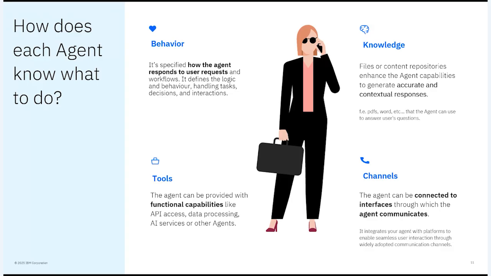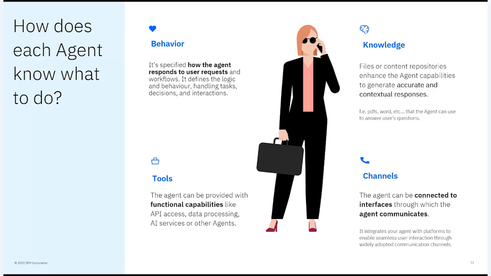So let's discuss how each agent processes their respective tasks. So when we build an agent in IBM watsonx Orchestrate, we configure the agent leveraging the following. Behavior, where we define how your agent should react to user requests and workflows, defining logic in the behavior of the agent. Knowledge. This includes files or content repositories used to generate contextual response used in retrieval augmented generation use cases.